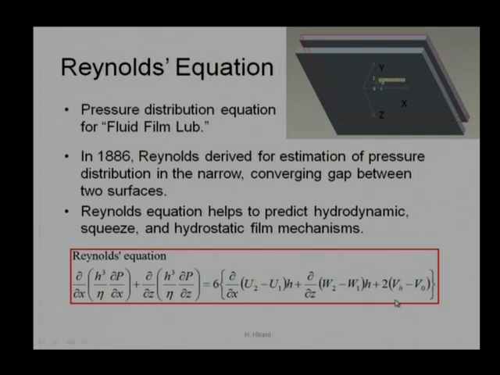When you are talking of the source, that means there is a possibility of the first term which will induce a pressure at the interface. Maybe the first term, maybe the second term, maybe the third term, or maybe all together. And this equation was derived long back, maybe around 120 years back. The probability of solving this equation was low, as not much mathematical calculation or computers were available.